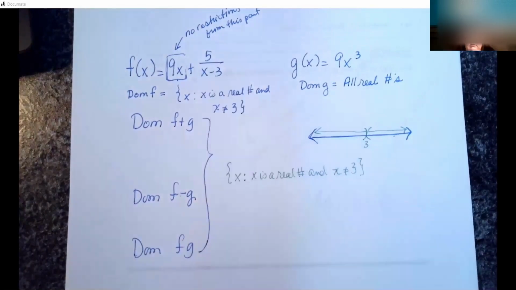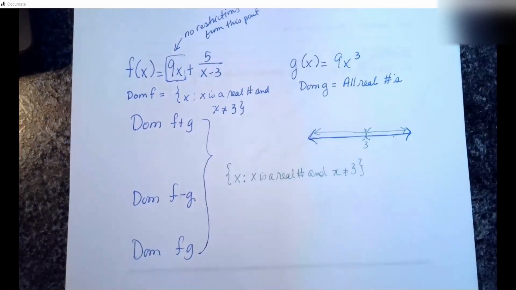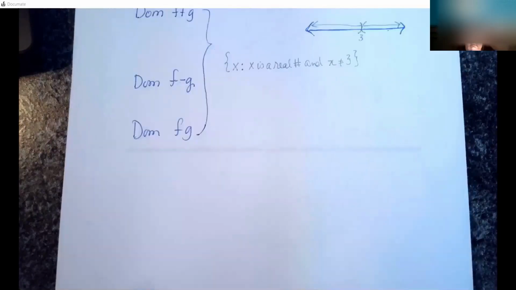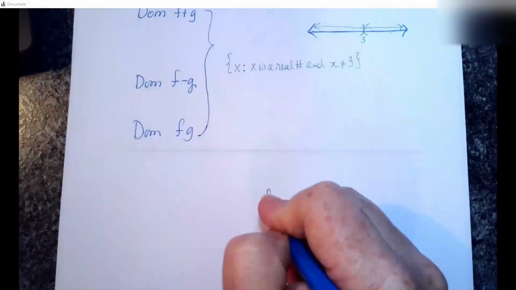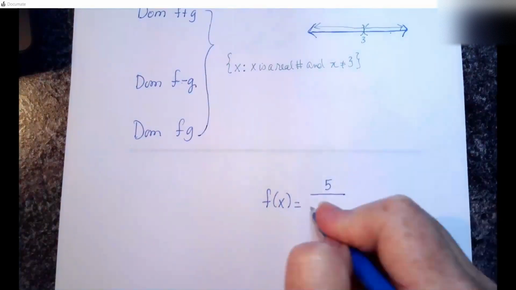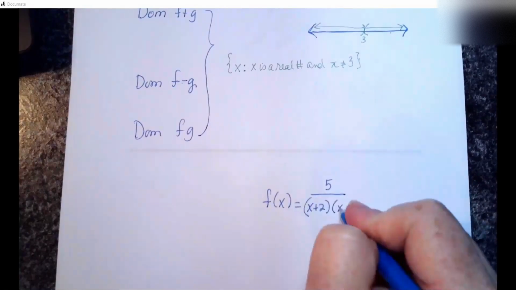So if you had 2 or 3 denominators, we might have to leave out more than one X value. For example, if you had a function like, say, f of X is equal to 5 over X plus 2 times X minus 1.